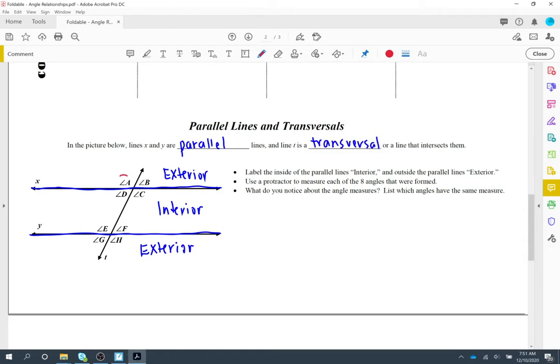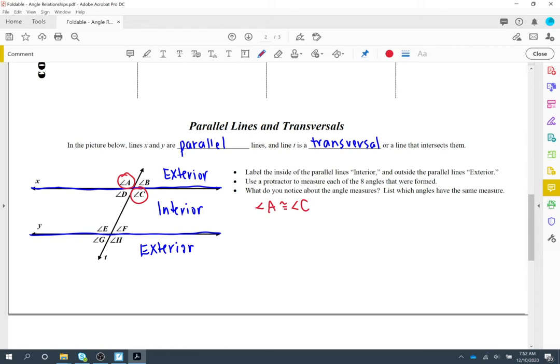What do you notice about angle A? I'm hoping you're noticing that he looks obtuse. He's greater than 90 degrees. Well, if we're looking at this set of 4, which other angles are also obtuse? B's not, D's not, C is. So if you had a protractor, you would find that angle A is congruent to angle C. What if we were to jump down here?